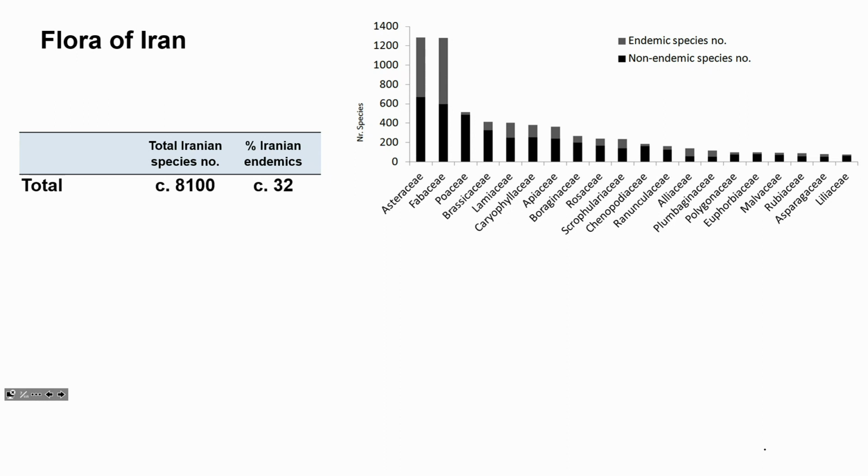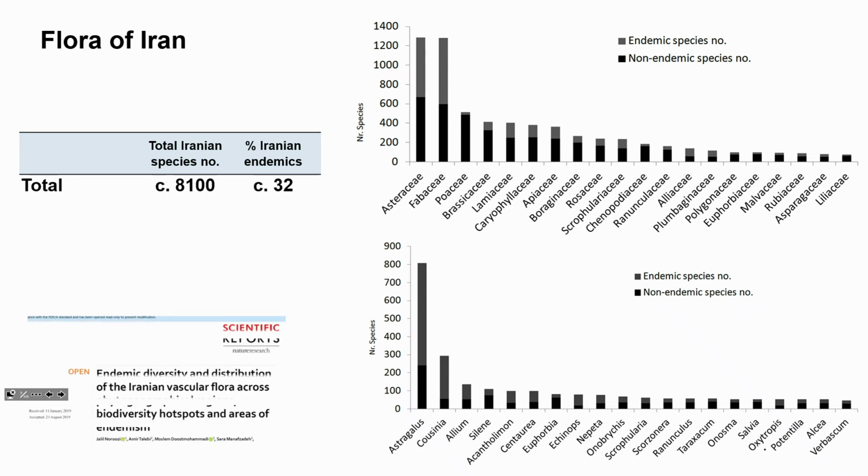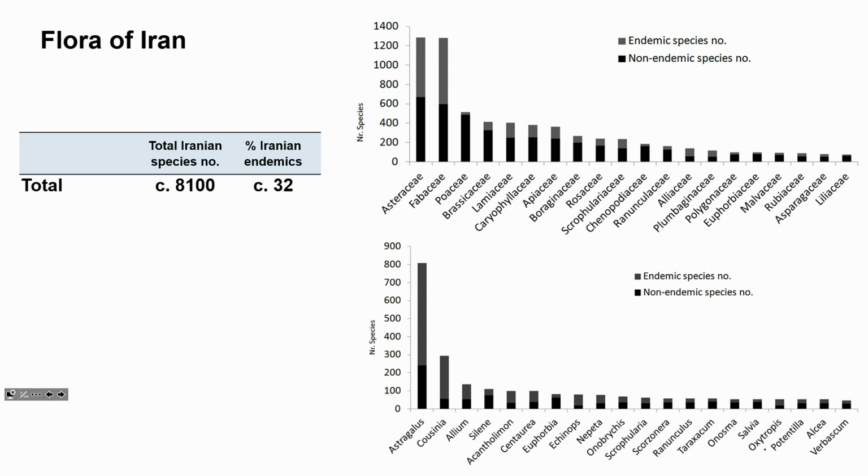Fabaceae is very big. The number of endemics is the highest, and it is because of Astragalus. Astragalus in this region is very rich. As you can see here, around 800 Astragalus species are only in Iran, and most of them are endemic.